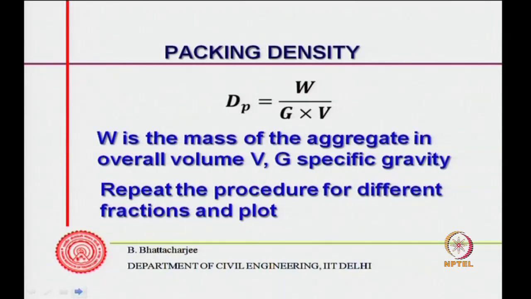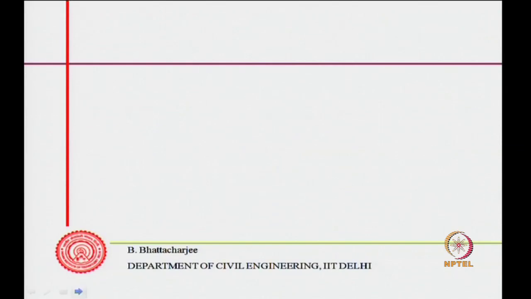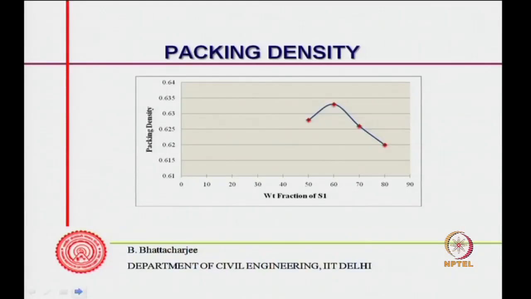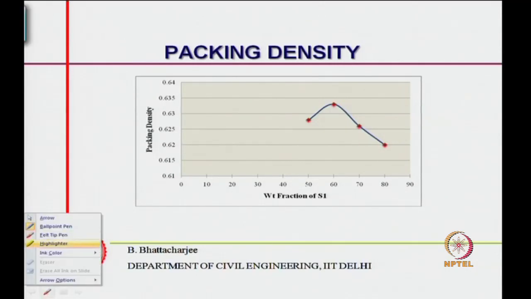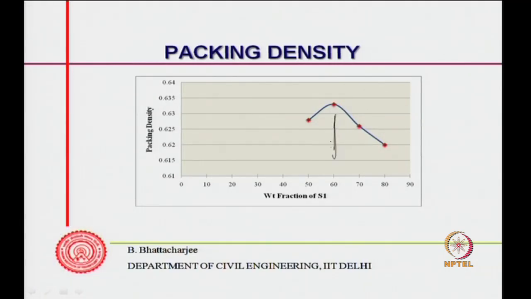Repeat this procedure for different fractions and plot, and such a plot would typically look like this. For example, here we have the weight fraction of S1, a particular fine aggregate, sand in this case, and S2 is the other one. As the weight fraction of S1 increases, the packing density we measured and calculated as I just mentioned is maximum at some point.